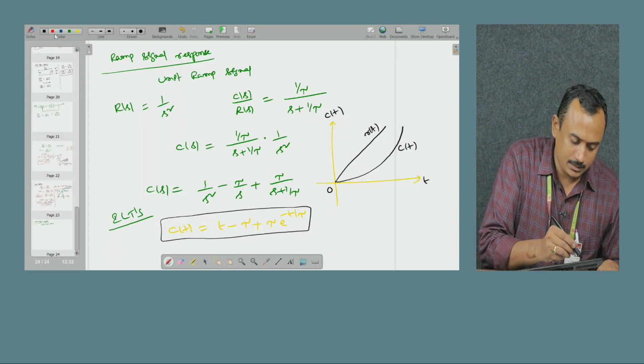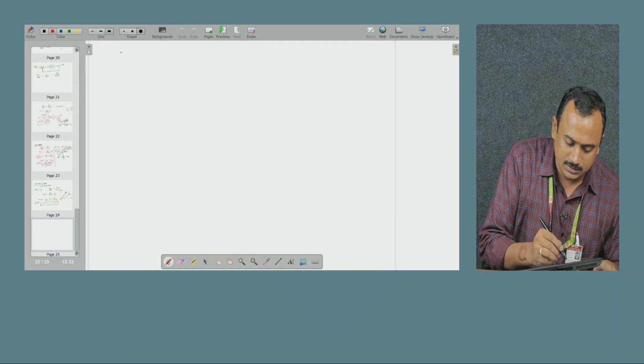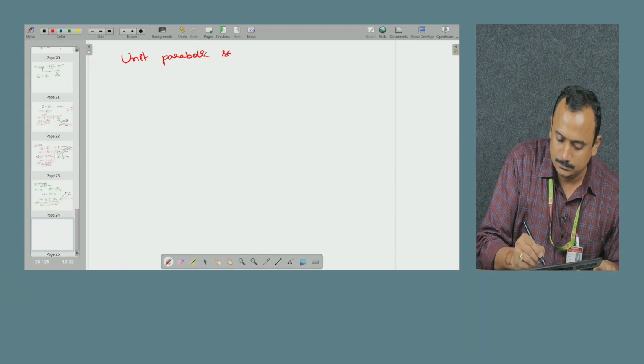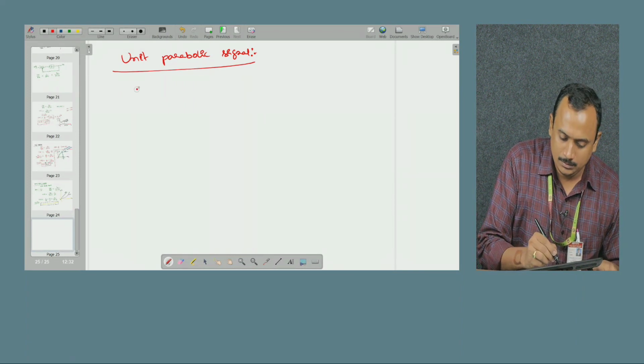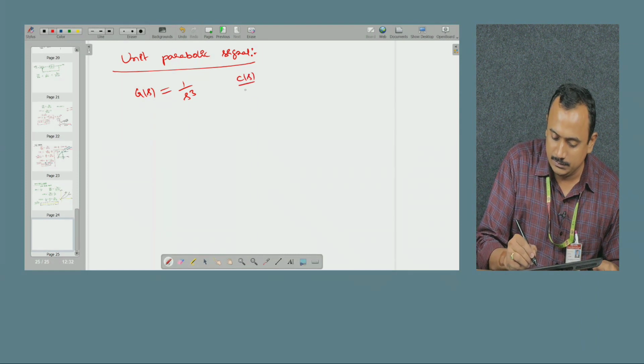Next, unit parabolic signal, last signal. And for the parabolic signal, I have taken R of s, okay, and it is 1 by s cube, and again C of s by R of s is your 1 by tau by s plus 1 by tau.